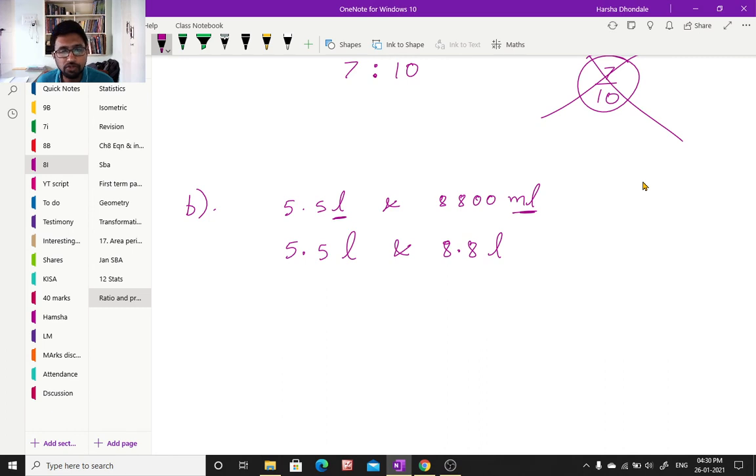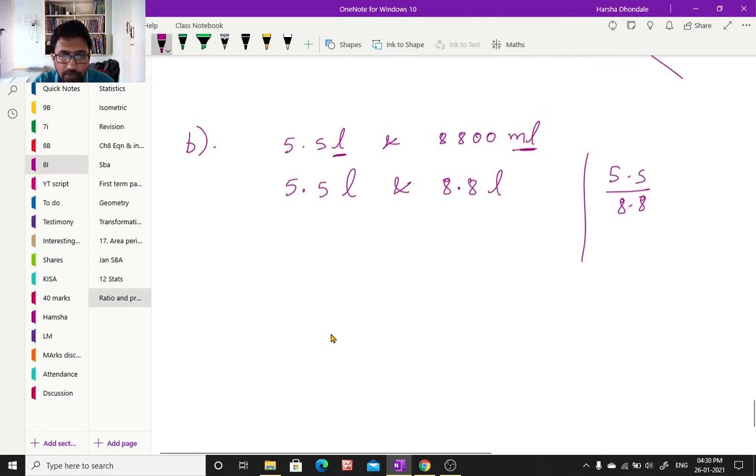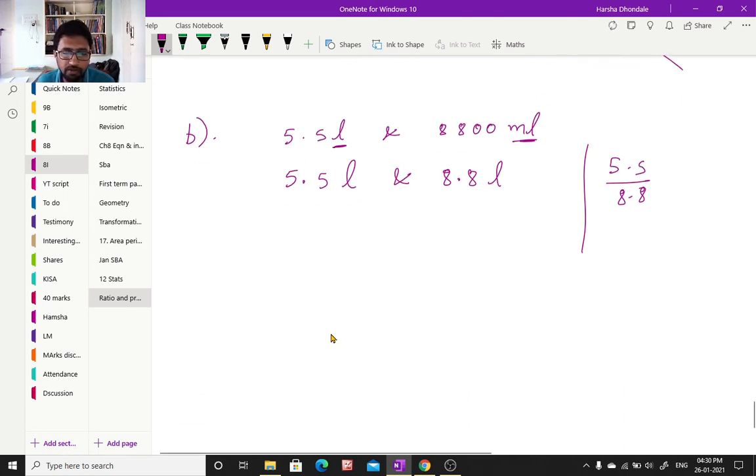Now solve this, 5.5 by 8.8. It becomes 55 by 88, and so on. You solve it and give the answer in its simplest form, because you can't write it as 5.5 is to 8.8, because a ratio is always in its simplest form and it has to be whole numbers. That's the reason. Do it yourself.